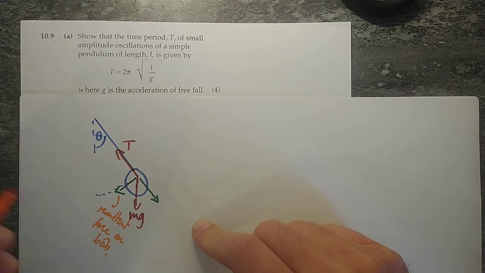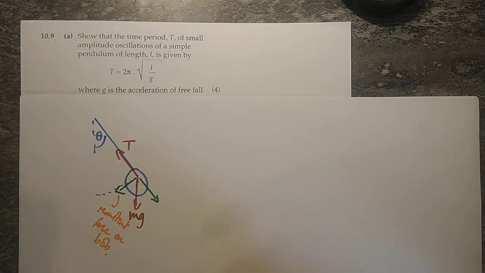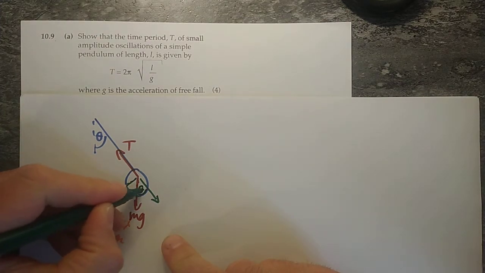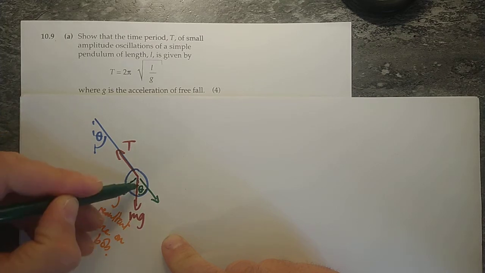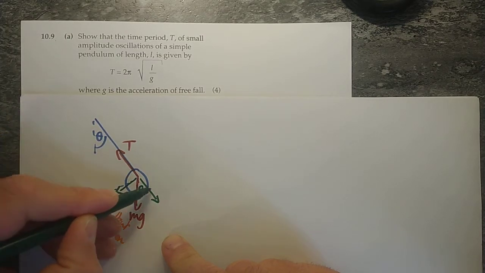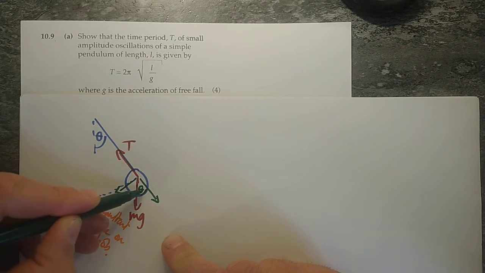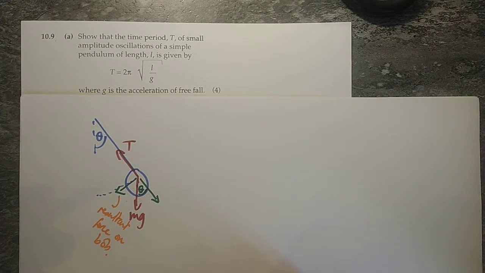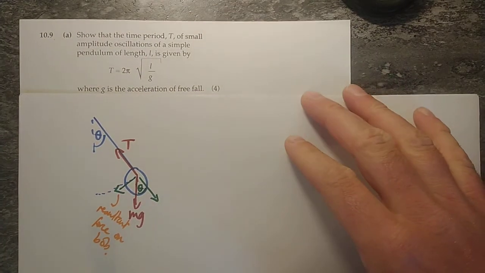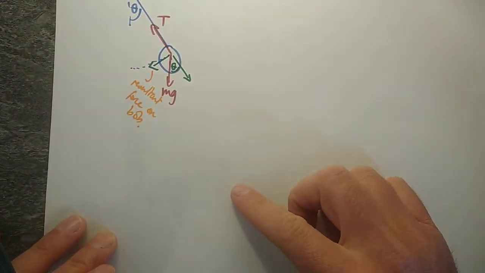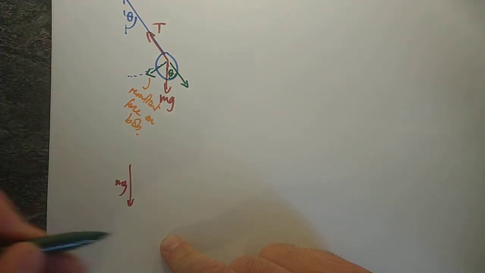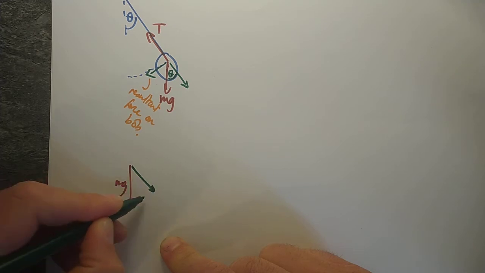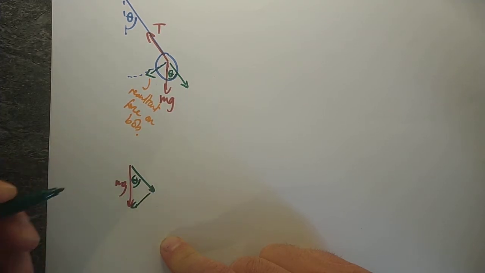On the pendulum bob. So we need to work out what this force is here, and this here is theta. Because this point here is vertical, the weight acts down vertically, and that is all in one line there. So if that's theta there, that is theta there. Just to make this a little bit clearer, I'll redraw this force triangle here. We've got mg, and then we've got two components, one component there, and that is theta.